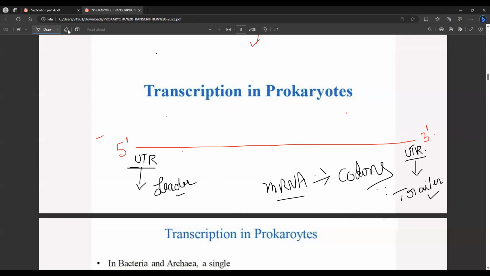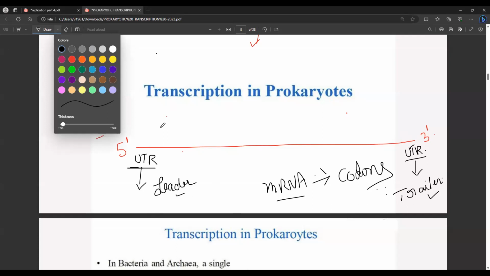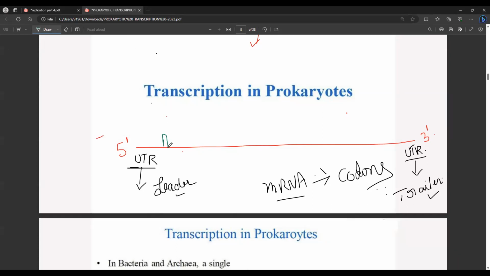And friends, you all know very well, the mRNA starts with a start codon called AUG. Then many codons are present. Now the point is here: the length of the mRNA depends on how many codons are present.